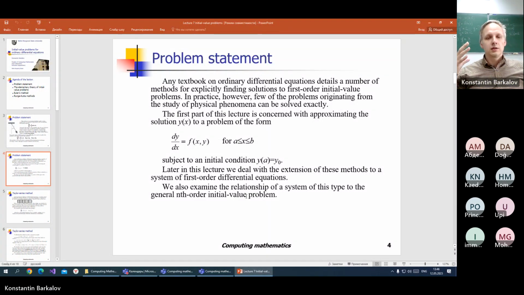Well, the first question that we should answer is what will be the approximation to the real solution?